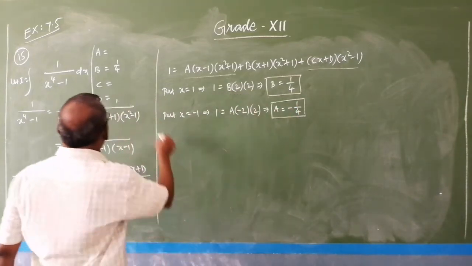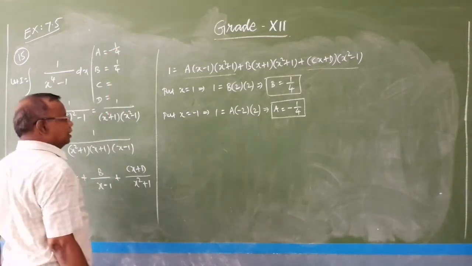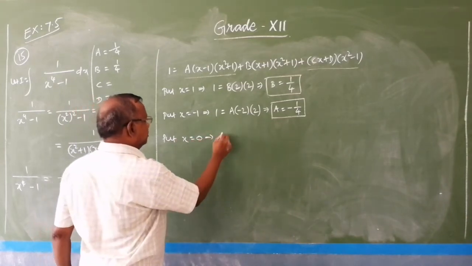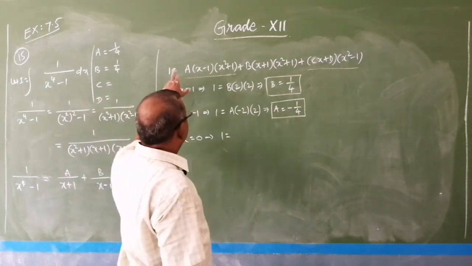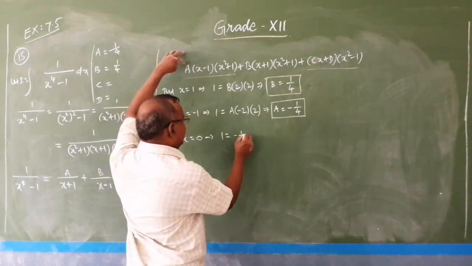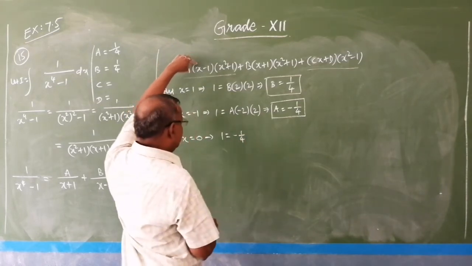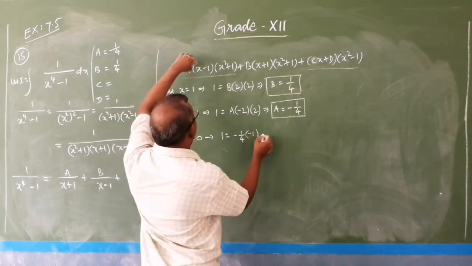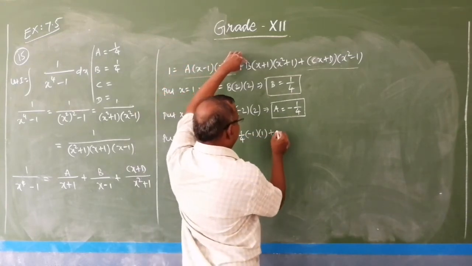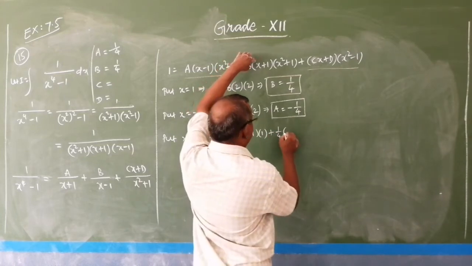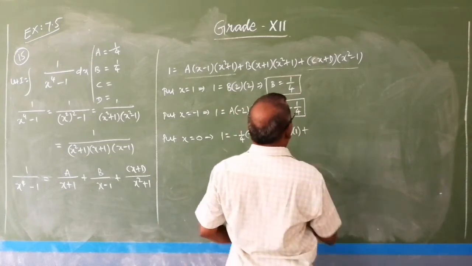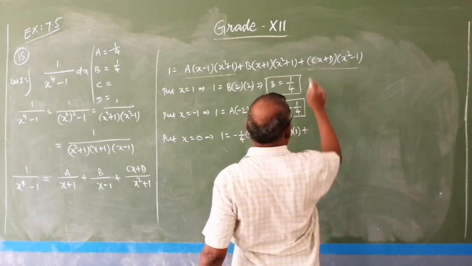So a equal to minus 1 by 4, and put x equal to 0. So LHS is equal to 1. Now consider this equation. We have a equal to minus 1 by 4 into 0, means x equal to 0, so it is minus 1 into 0 means plus 1, and here plus we have b value 1 by 4, 0 means 1, here also 0 means 1, and here plus x equal to 0 means the c value is eliminated.